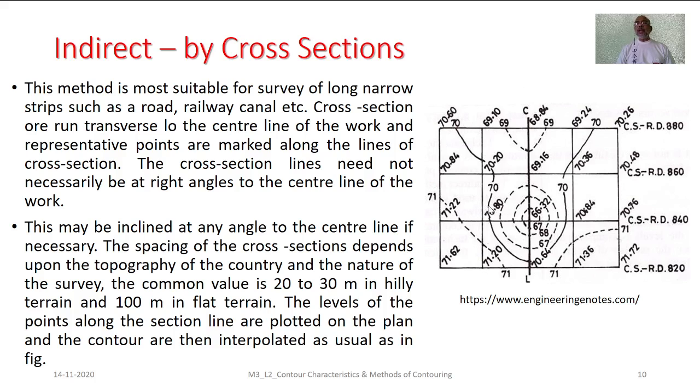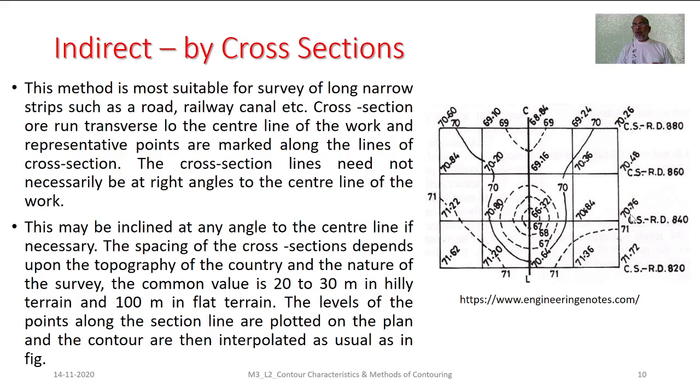Sometimes we may deal with a road-like narrow strip. So the way you see here, this is the center line for a certain road-like feature. With respect to that, we can have C0, L10, L20, C0, R10, R20.